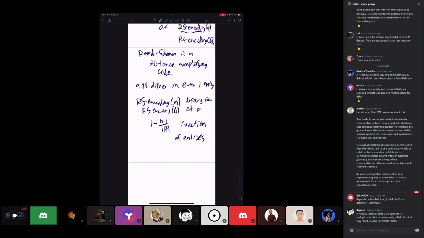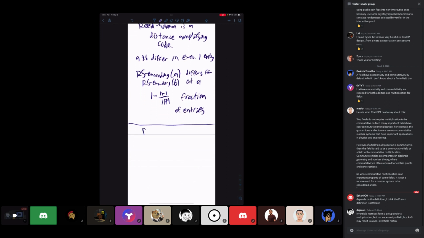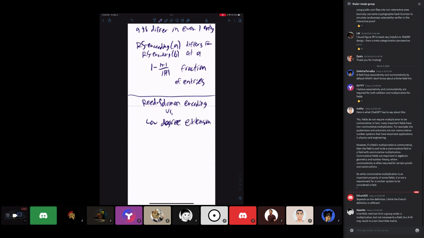So let me now talk about exactly, finally, the question I was asked a while back, which is Reed-Solomon encoding versus low-degree extension encoding. Okay, and this is getting at the fact that there are multiple different ways to interpret a vector as a polynomial.